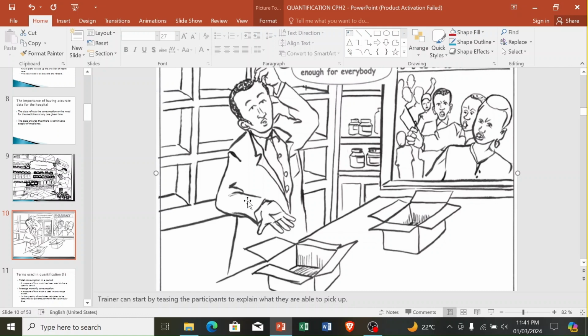Patients are waiting for their medicines, but he has nothing to offer. Why? Because he didn't plan well, he didn't quantify properly, he didn't even think of an emergency order where he would have a local purchase, or maybe borrow from a nearby facility, because he's not keeping track of what is present, what has been taken, what needs to be done.